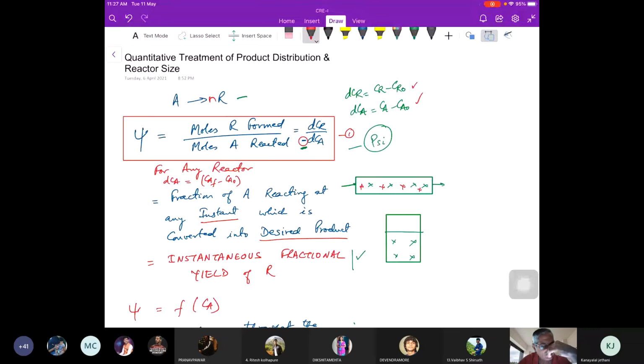And generally, क्या होता है? See, this type of reaction is there in polymerization. Polymerization, there is n times A goes to R रहता है, right? Because n molecules of monomer give one polymer molecule. So it is never A goes to R. A goes to R is very very rare. But yeah, generally जैसा भी है CRE में A goes to R ही लिखते हैं.